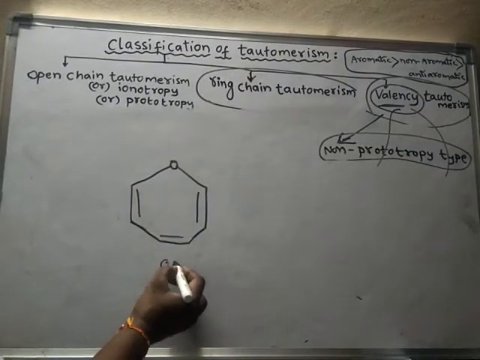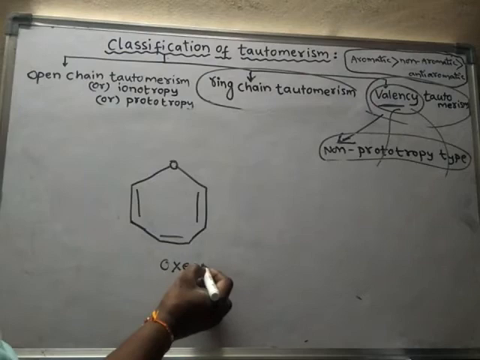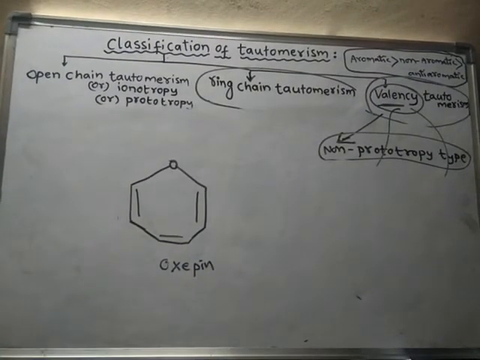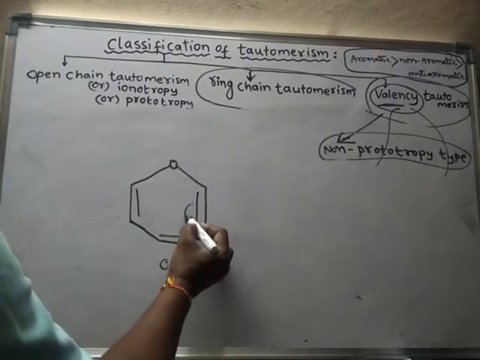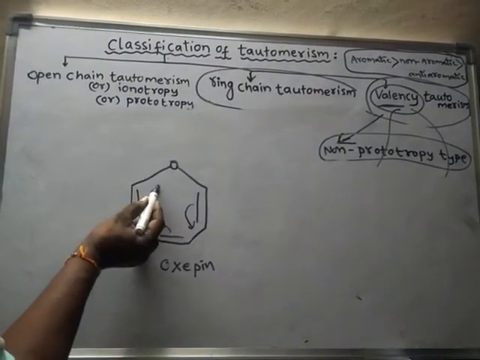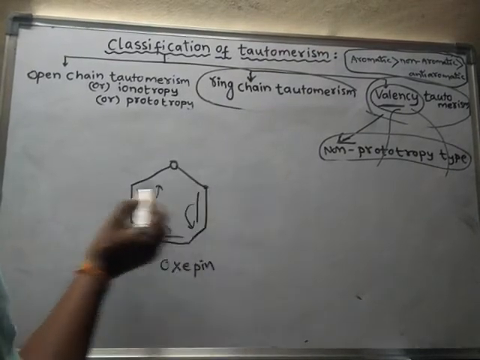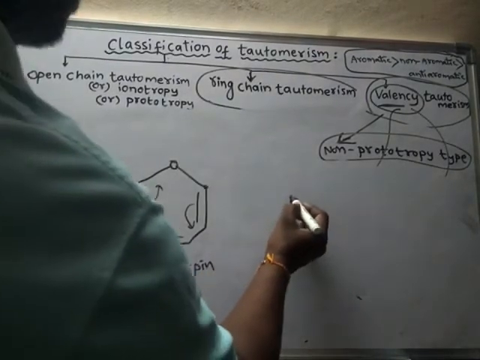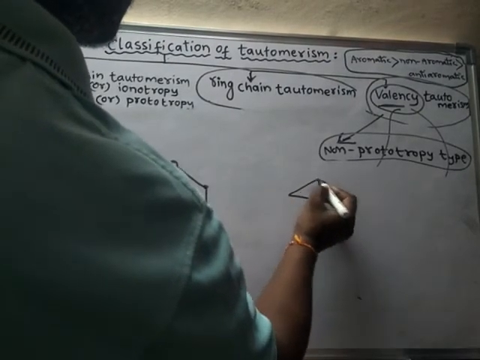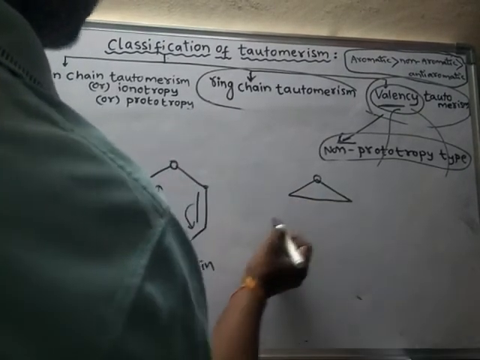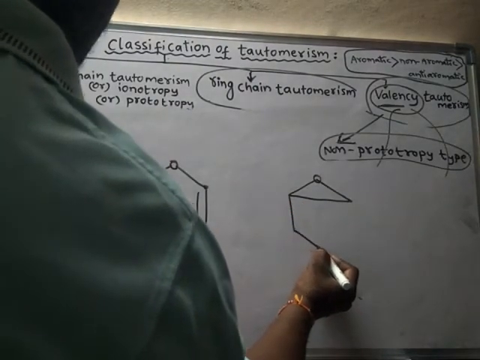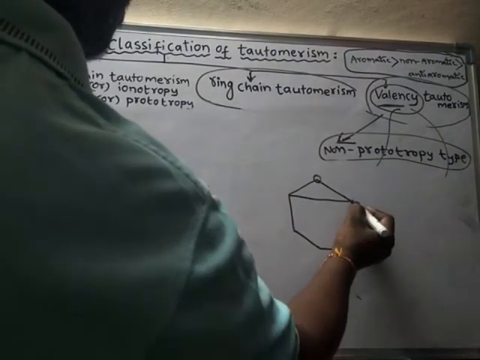This is called as oxepin. So what happens here? This bond will migrate here, this bond will migrate here, and this bond will migrate here. That means between these two carbons, this carbon and this carbon. So what happens? A bond is newly formed.